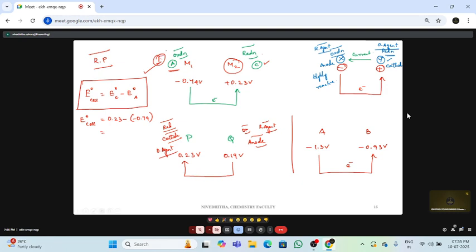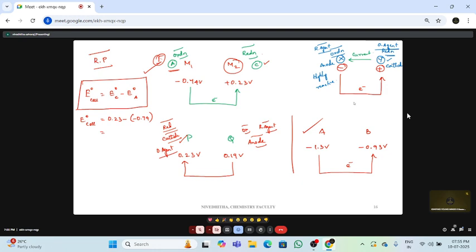Similarly, we can calculate the cell potential of these cells also. So formula is E naught cathode minus E naught anode. Fine. Do you have any doubt? No, ma'am.